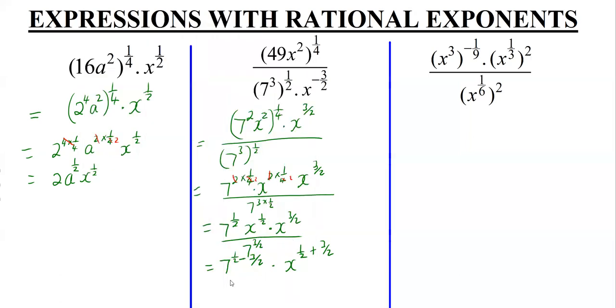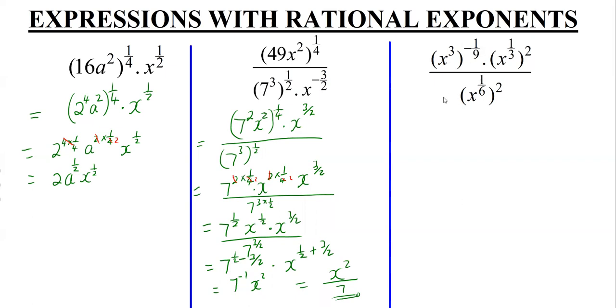So it's going to be 7 to the power negative 1. Then what about the 1 over 2 plus 3? It's going to give us 2. So it's going to be x squared. Since here it's negative, it's going to be equal to x squared over 7, because there's a negative, it goes down.